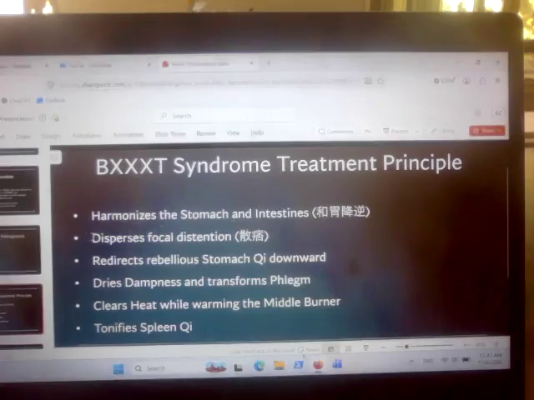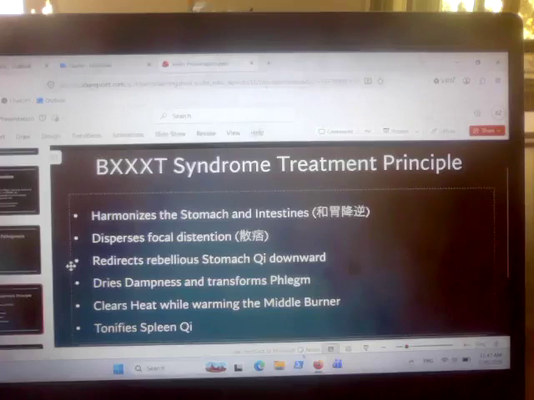The second rule is to disperse the focal distension. The third rule is to redirect rebellious stomach qi downward. The fourth rule is to dry the dampness and transform the phlegm.